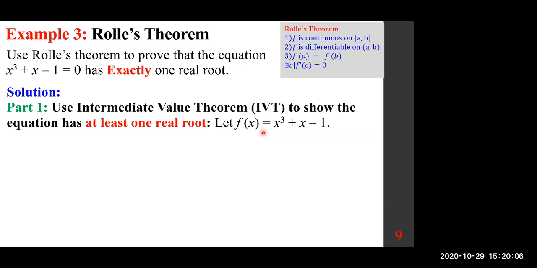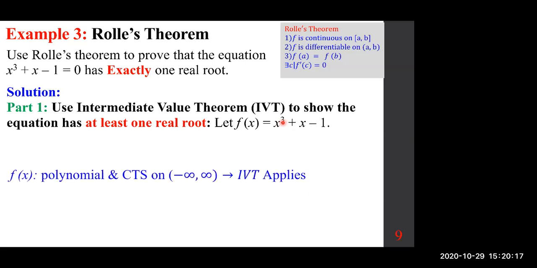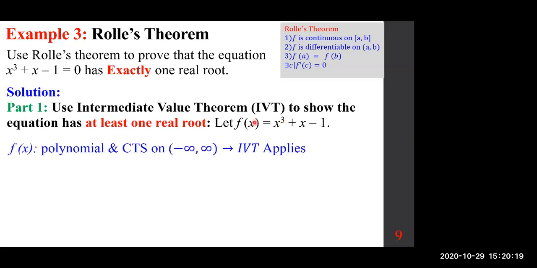Obviously, this is a polynomial and it's continuous from negative to positive infinity. Continuity is important, so IVT applies. That's the first thing. If it's not continuous, it doesn't work.